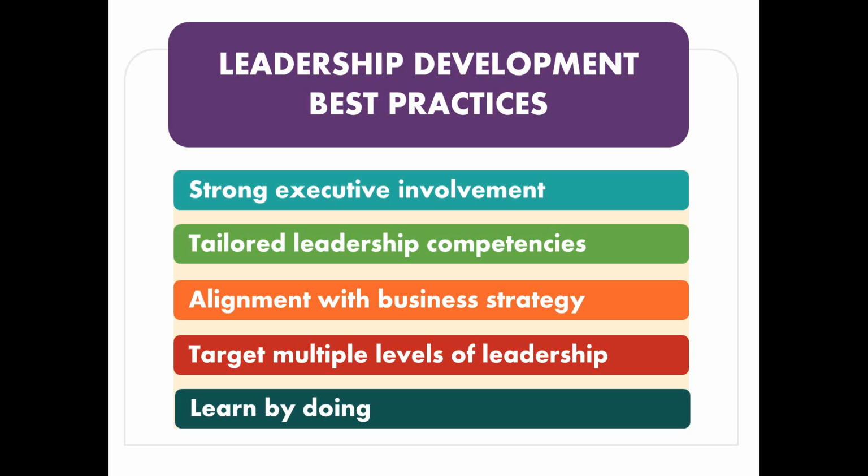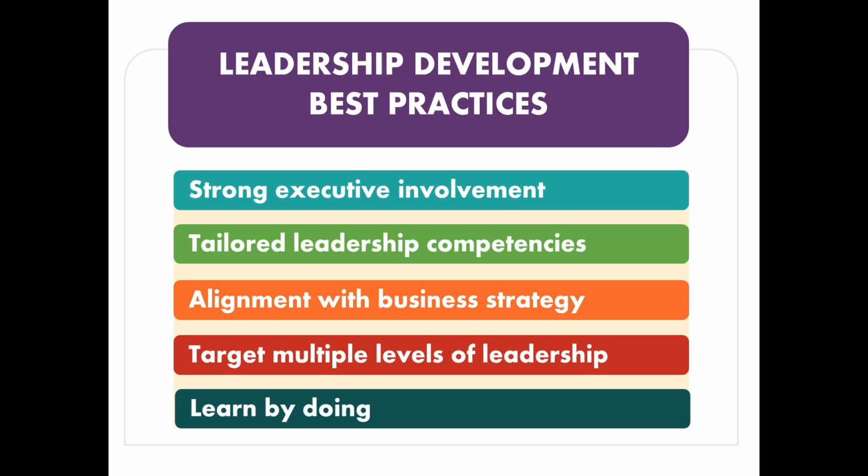And then the next two pieces are really important because these have to do with the actual structure of programs. One is you target multiple levels of leadership, from your executives to your entry-level managers, everybody. Great programs are very inclusive. They're not just about developing executives. That's important, but they're inclusive.